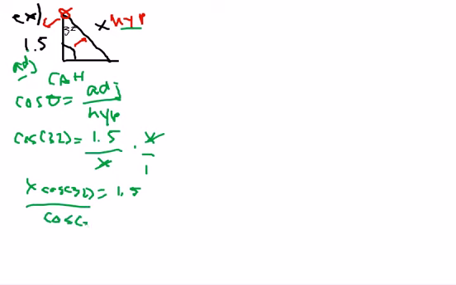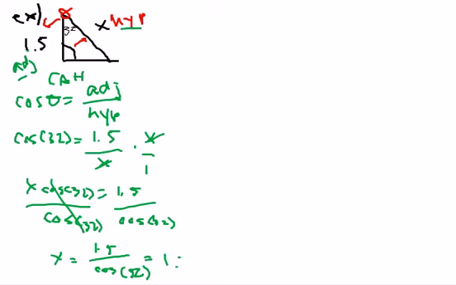So we would also divide by cosine 32. Remember, division is the opposite of multiplication, so since they are being multiplied, we would divide here. These would also cancel out, so you have x equals 1.5 divided by cosine of 32, which equals 1.77.